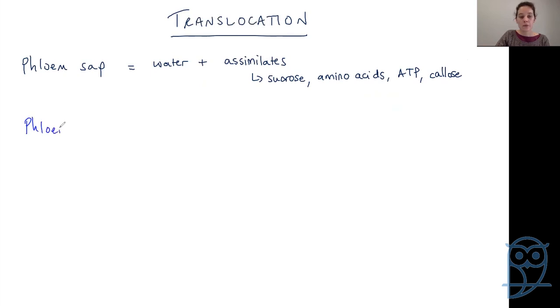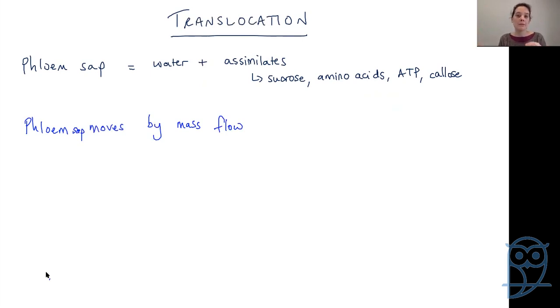So phloem sap moves by mass flow. Okay, so phloem sap is moving by mass flow, but it is not the same as mass flow in xylem for transpiration. Okay, so transpiration is loss of water, and then water comes in and it just moves by mass flow.